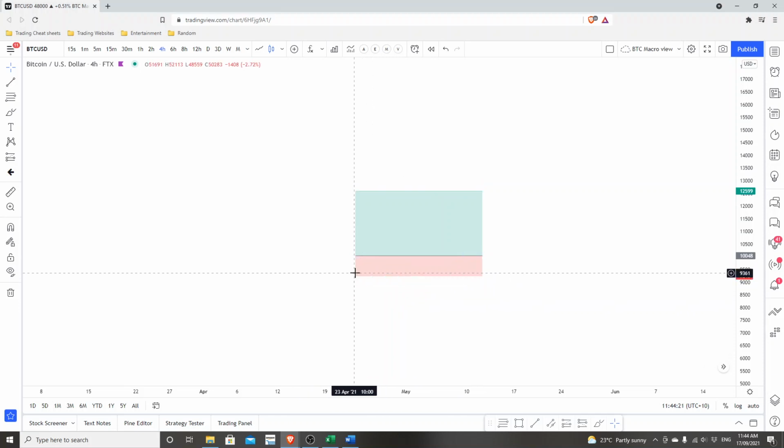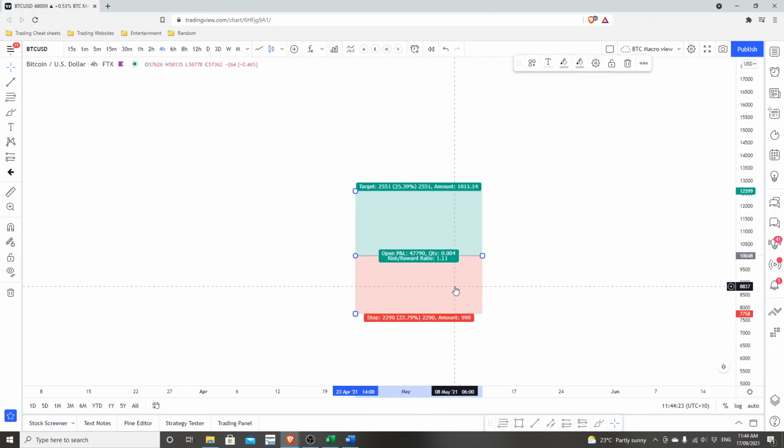If I enter this trade here, I'm still only losing $100, but I'm only going to make $111 minus fees. You want your $100 to go as far as possible. All right, you want to make it economical.